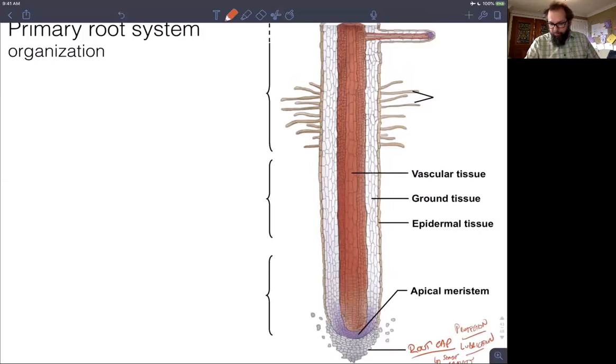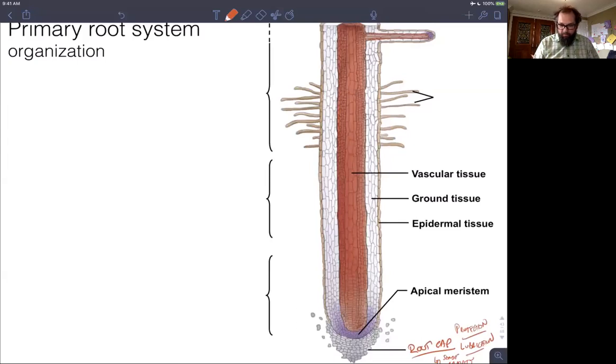That's our root cap. We see right behind the root cap then is the apical meristem. And so the apical meristem is that part of the plant where all of that active cell division is happening. And so when we think about the organization of the primary root system, after the root cap, we can organize this into three different regions or zones of the root.